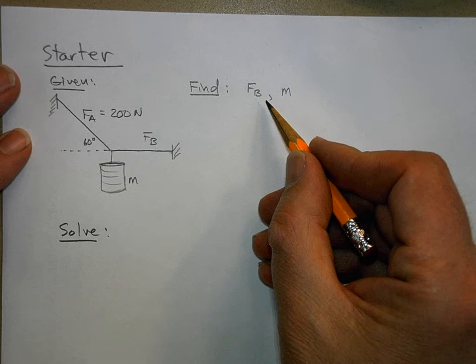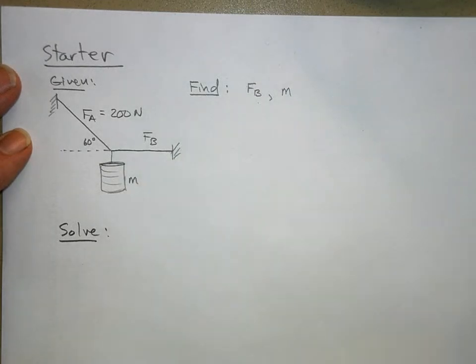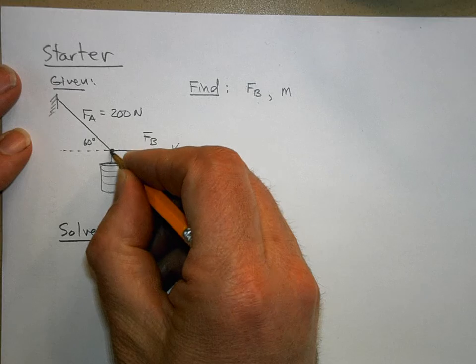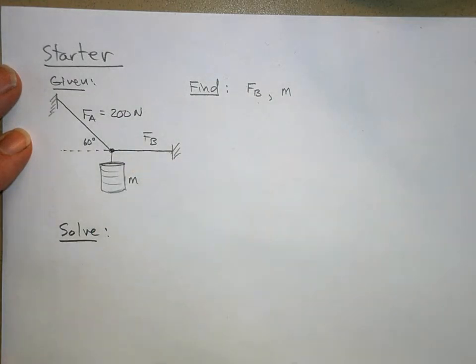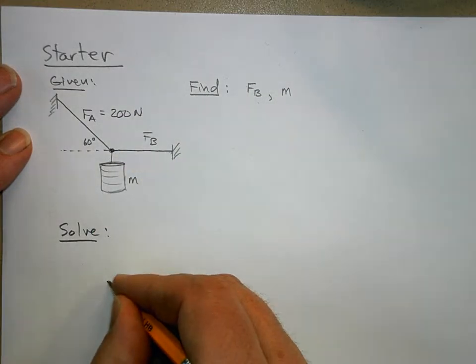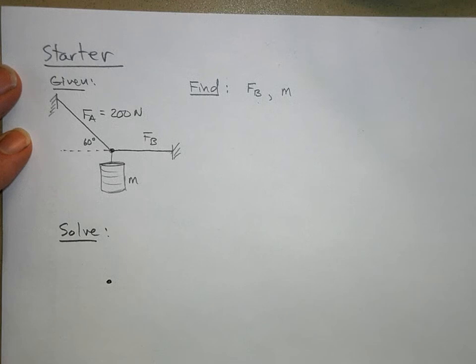We're asking for a force, and so what we need to do is use the procedure for this. And here's where all the forces come together, that little spot right there. So what I'm going to do is draw a free body diagram of that spot.